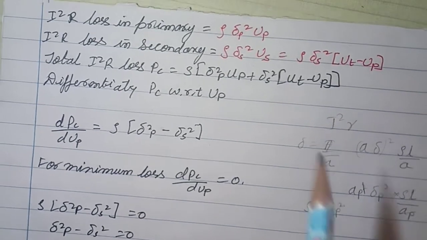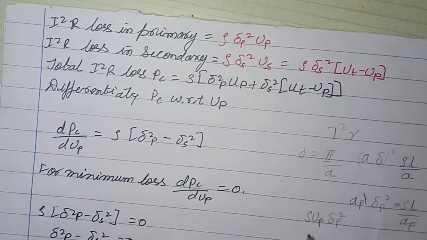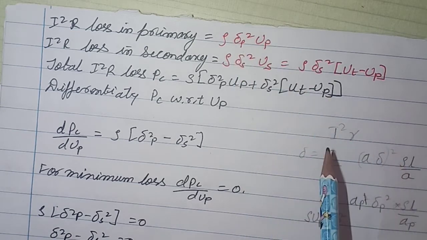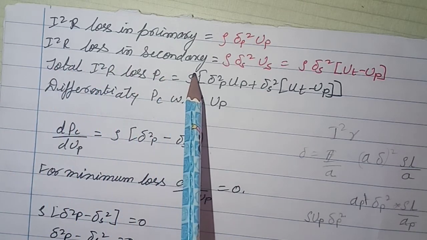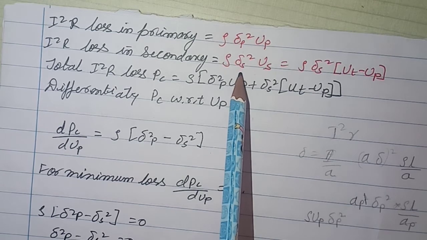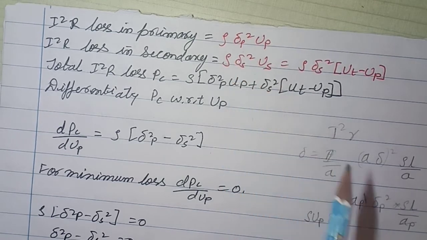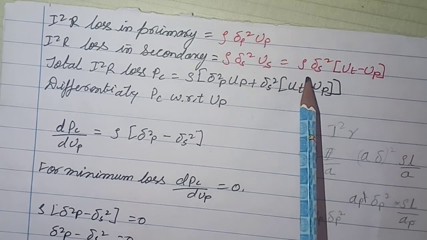That is rho delta P square into UP, which is how we get it from the basic equations. Similarly the losses in the secondary winding are rho delta S square US. In the same fashion we just substitute S in place of P, that is the secondary in place of the primary, so we have US.